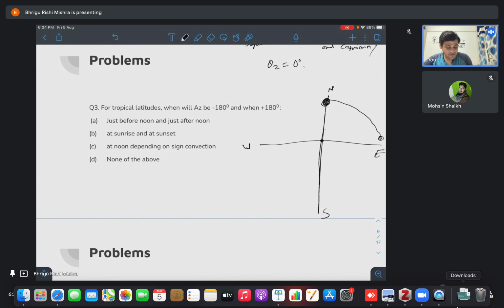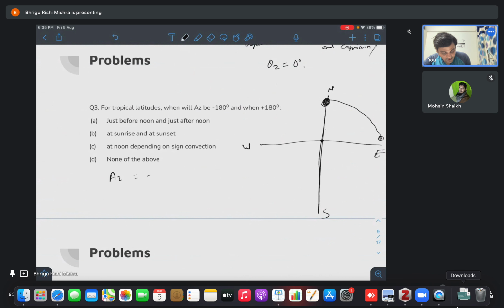But here it is asking minus 180 and plus 180. Just before noon it will be in the east south quadrant, and in the east south quadrant the azimuthal angle is negative. So just before noon AZ will be negative, and just after noon AZ will be 180.